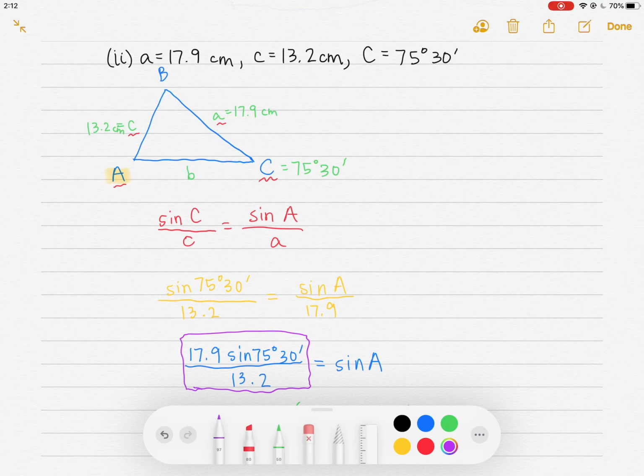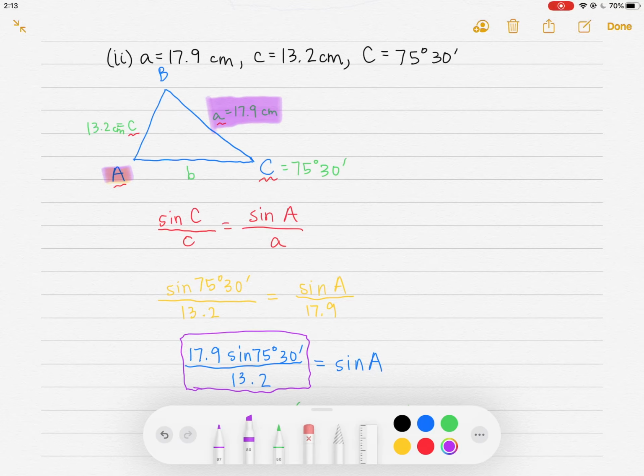One thing that you are expected to know about triangles in general is that the longest side should be opposite the largest angle. The medium side should be opposite the medium angle, and the shortest side should be opposite the smallest angle.